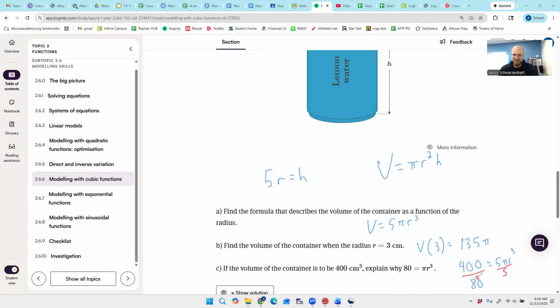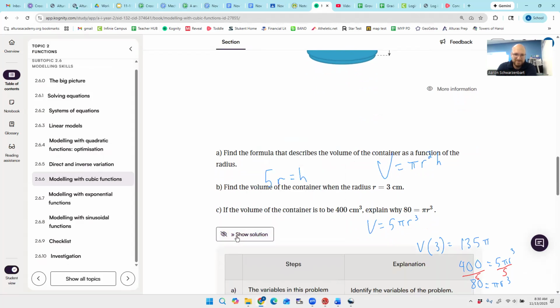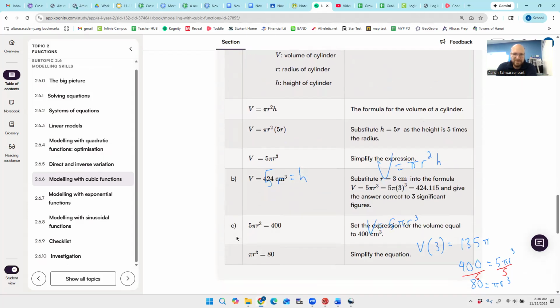Say I set up the equation and divided. Usually valid mathematical steps count as an explanation. There are going to be things on your exam that say explain.